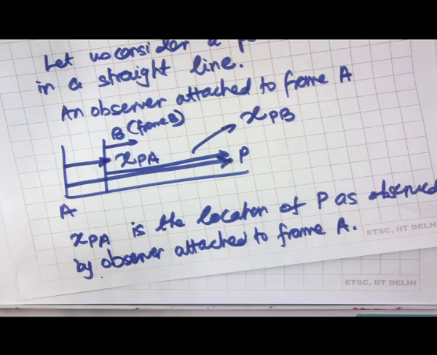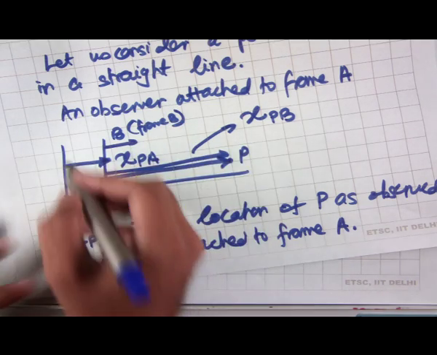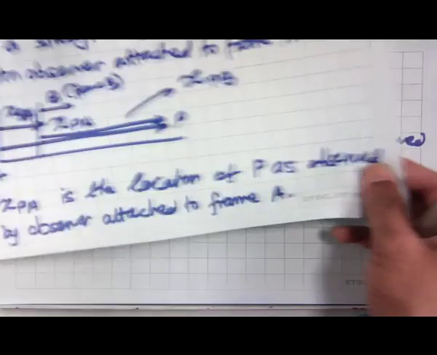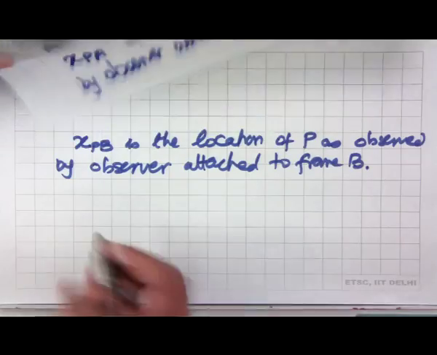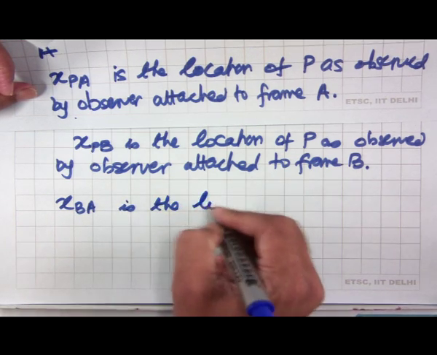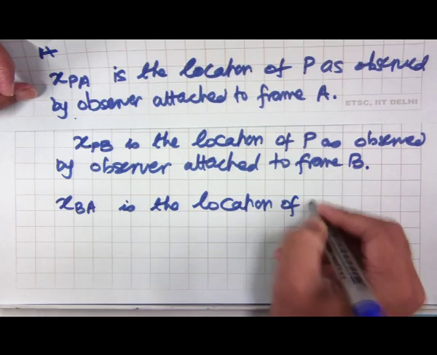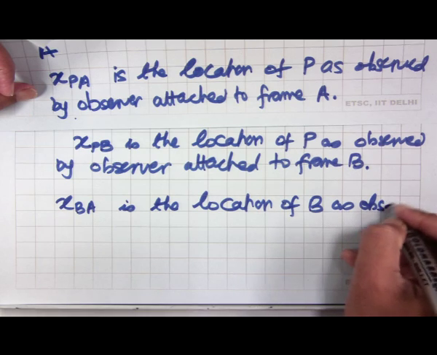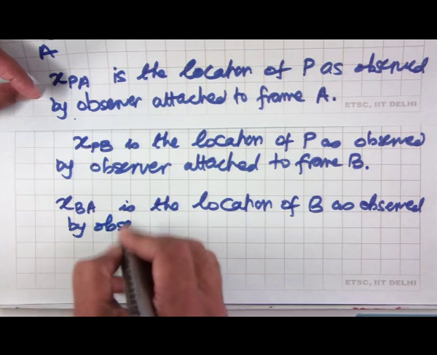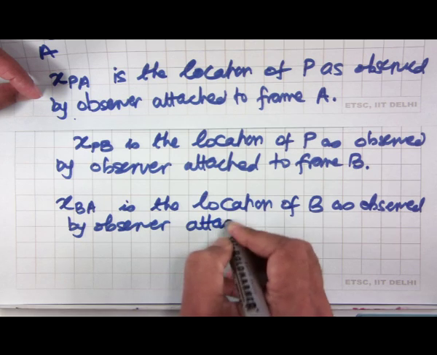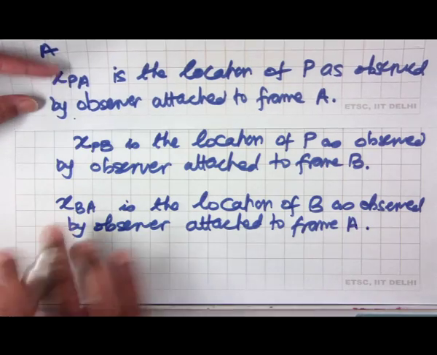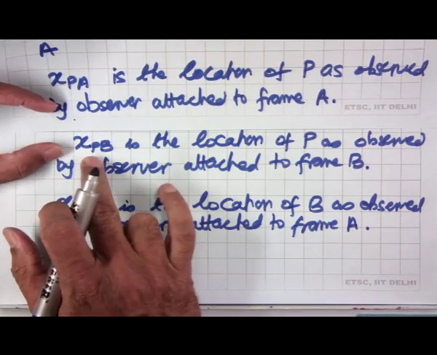And the position of frame B with respect to frame A, we denote by XBA. So, XBA is the location of B as observed by the observer attached to frame A. Notice in all this, there are two subscripts.